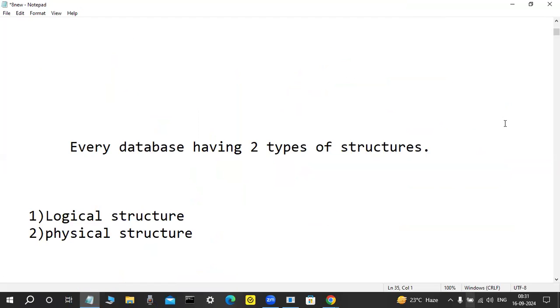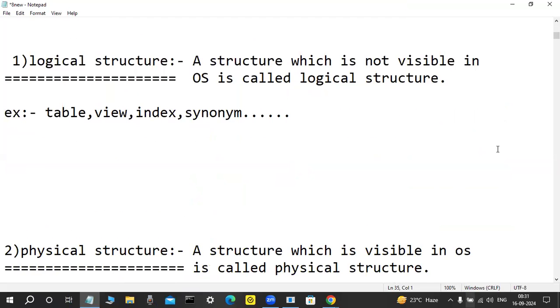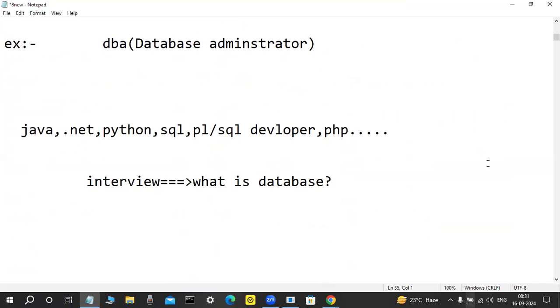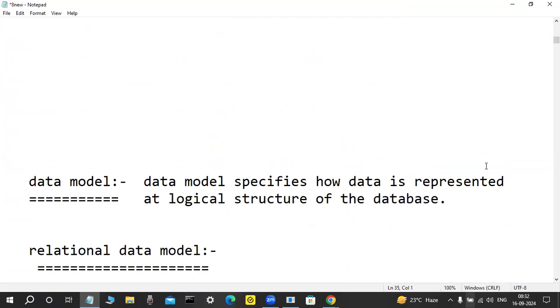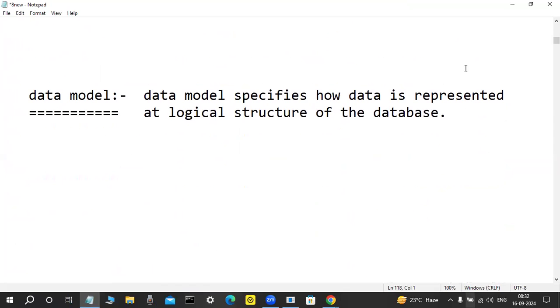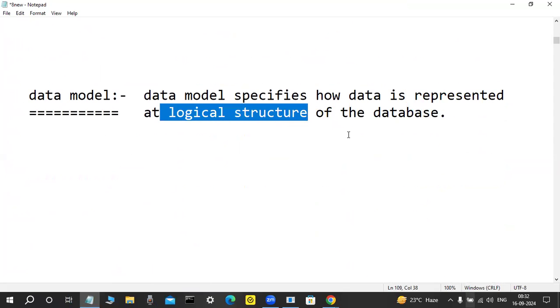What is a data model? Observe the screen here. A data model specifies how data is represented at the logical structure of the database. Logical structure means a structure which is not visible in the operating system, but is visible at the database level.